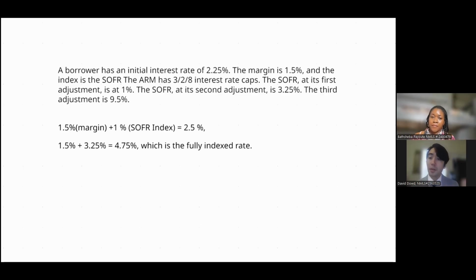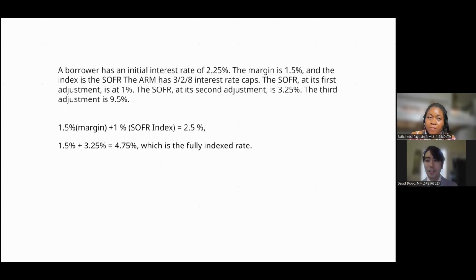So here we are in the second. My goodness, they stuck around for the second. Must be a good loan. They have a 1.5 plus a 3.25% according to the problem, right? So we just took the margin again, 1.5. Remember, it's fixed, like Bathsheba said. It never changes. And then plus 3.25%, because in the problem it says that, hey, the index adjusts the second time around to 3.25.